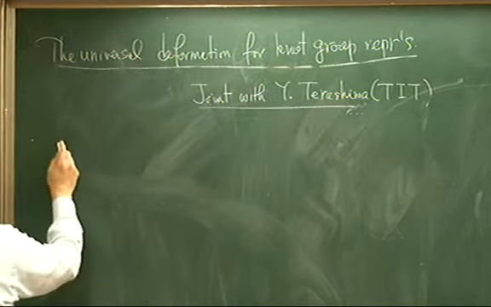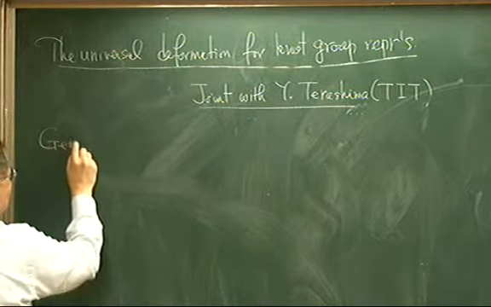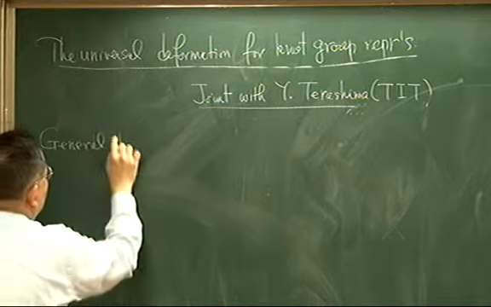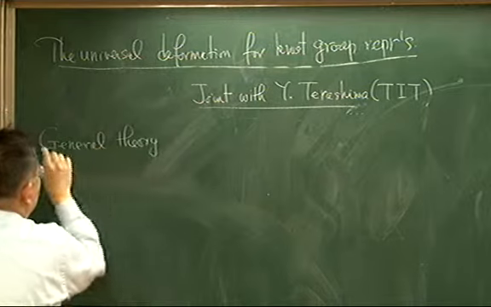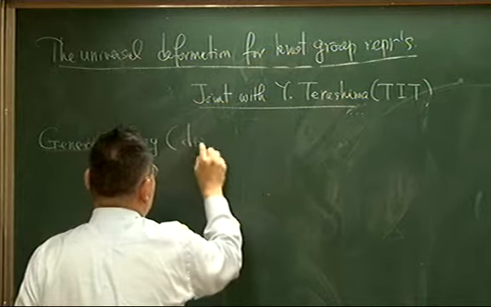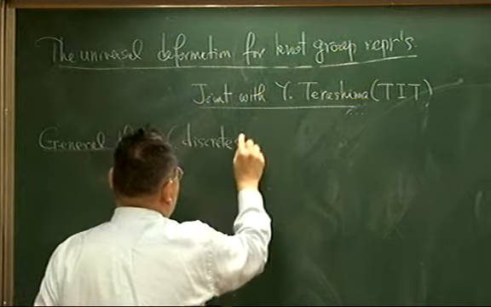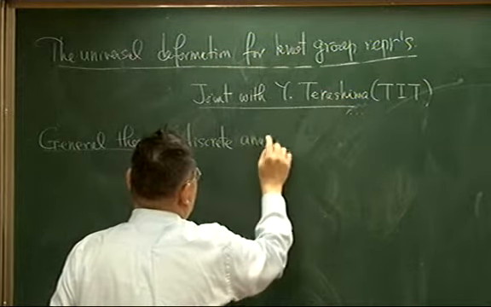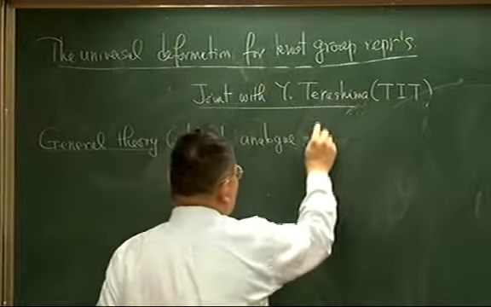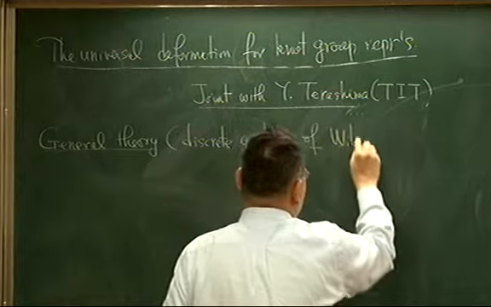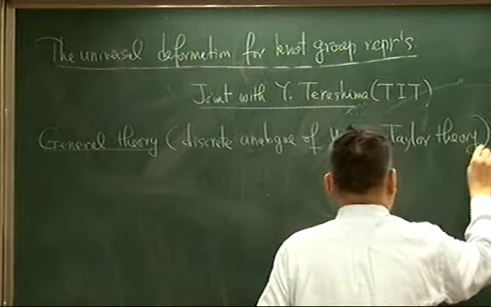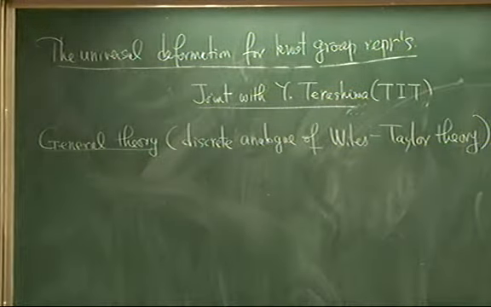In what style did we develop the general theory? This is general group theory, and this may be viewed as a discrete analog for a discrete group of the Iwasawa theory for the profinite.